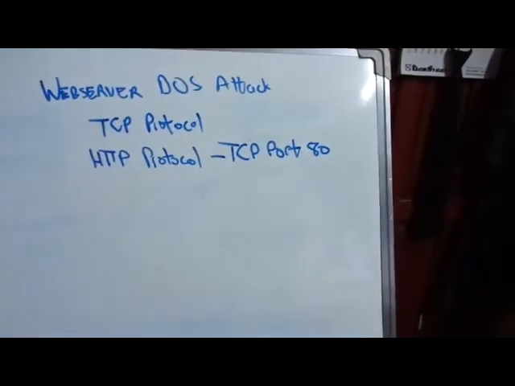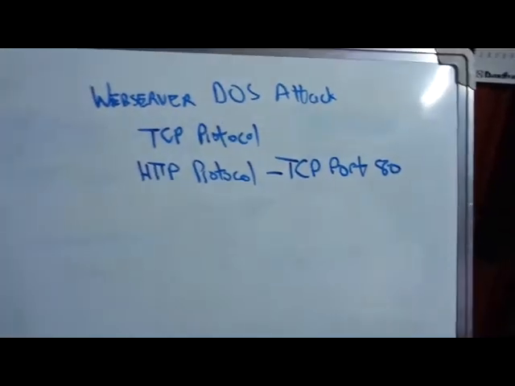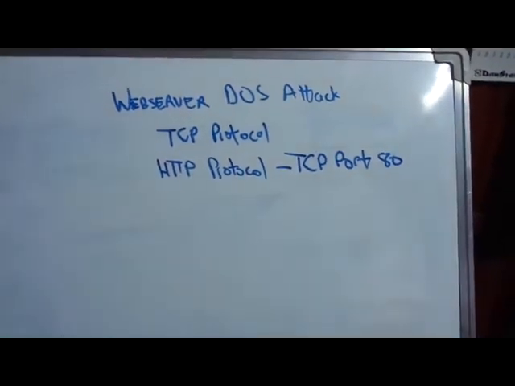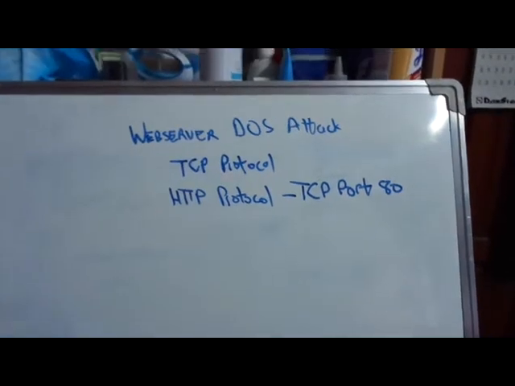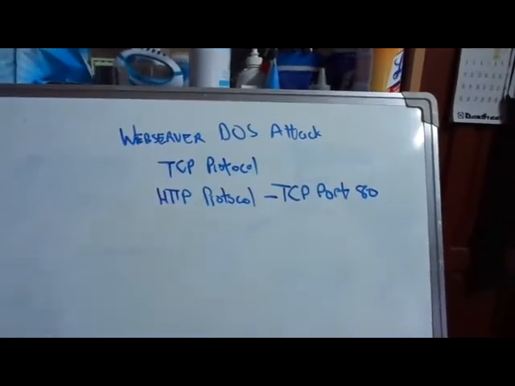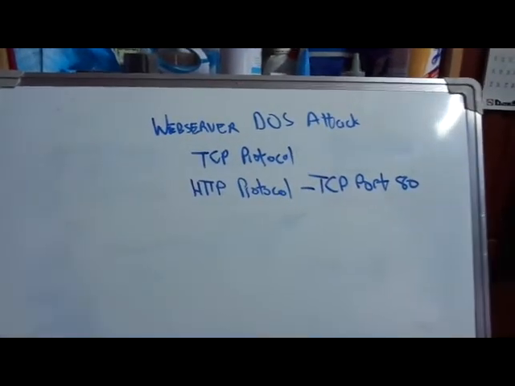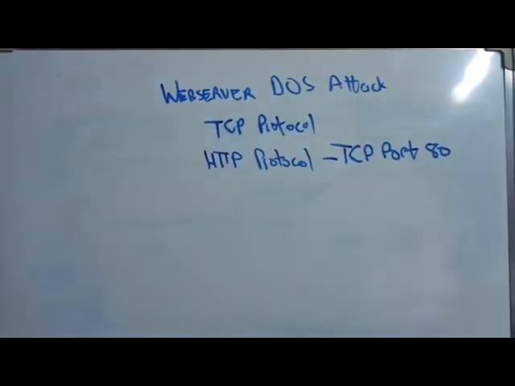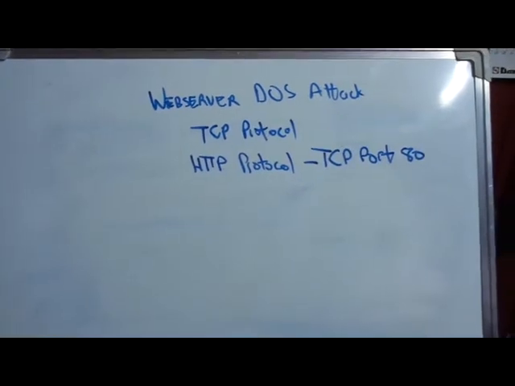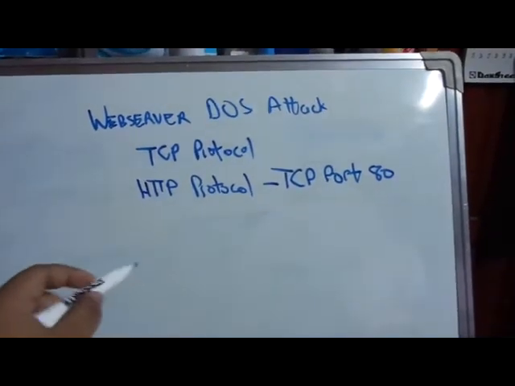To explain what a TCP port is, each computer has a limited amount of TCP ports. I believe it's 65,535 ports, the maximum a computer is able to handle. And these ports are basically like virtual pipes. So once you are connected to the network, let's say you have a computer.